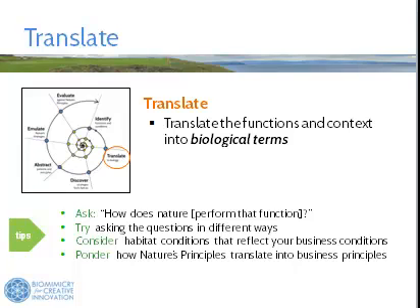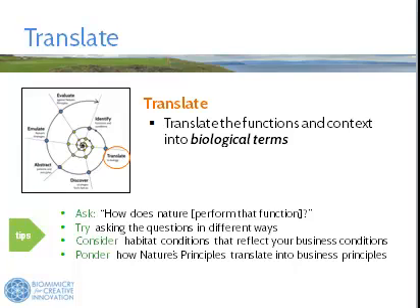So in the translate phase, you want to make sure you get those functions in a form that would make sense to a biologist. It can help in this stage to try asking the question in different ways. You can consider habitat conditions that reflect your business conditions.